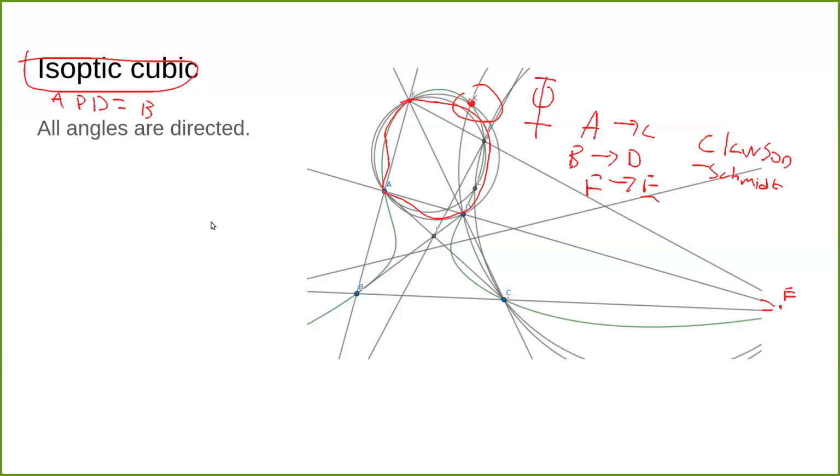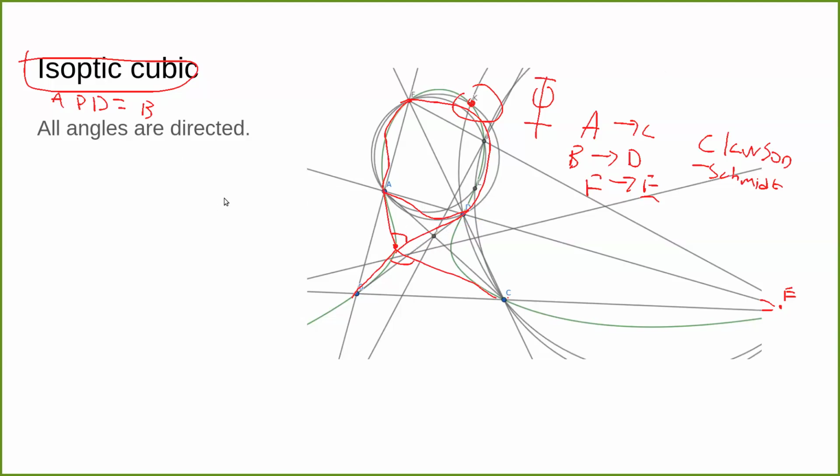So after doing this inversion, any point on this, well, A is going to go to C and B is going to go to D, so it's just going to be the same thing.